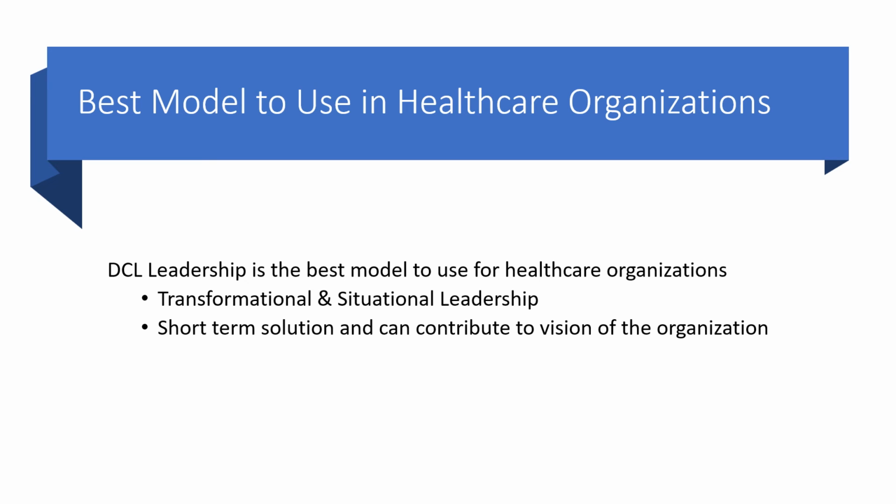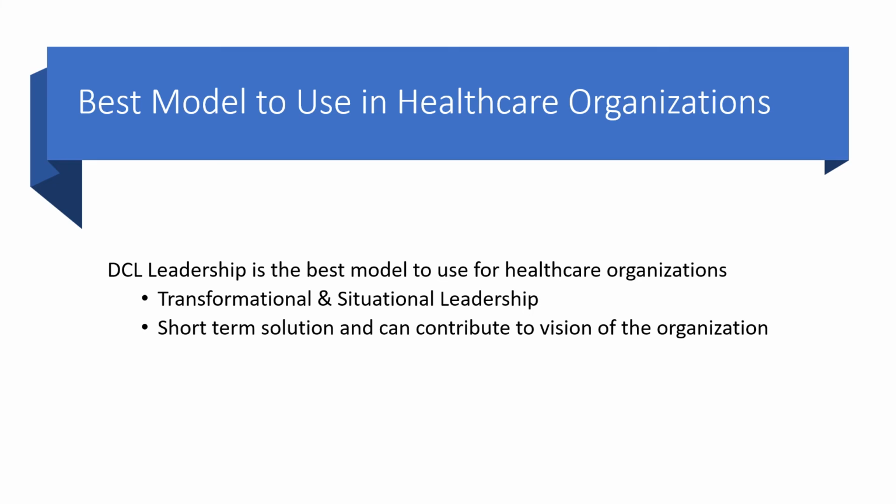The best model to use in healthcare organizations will be the DCL leadership model. It encompasses the transformational and situational leadership. It provides a short-term solution and can contribute to the vision of the organization.